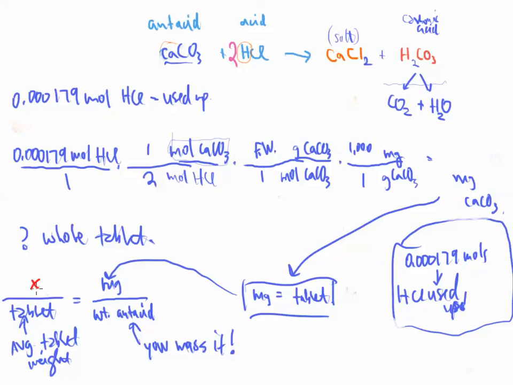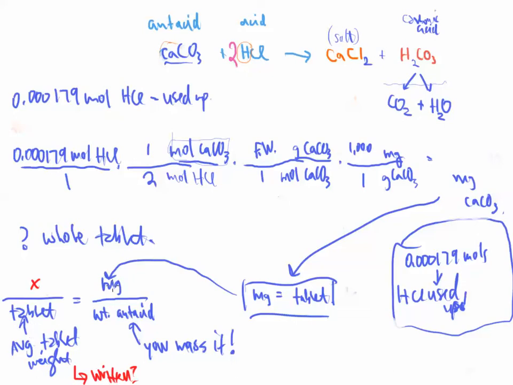So I don't know how many milligrams should be in a tablet, so I put that as X. I take the average tablet weight. If you need this, it will be written on the board for you. We will take a handful of tablets, weigh them out and do an average. We'll tell you how many we averaged. That is a number that I know that goes into the system.